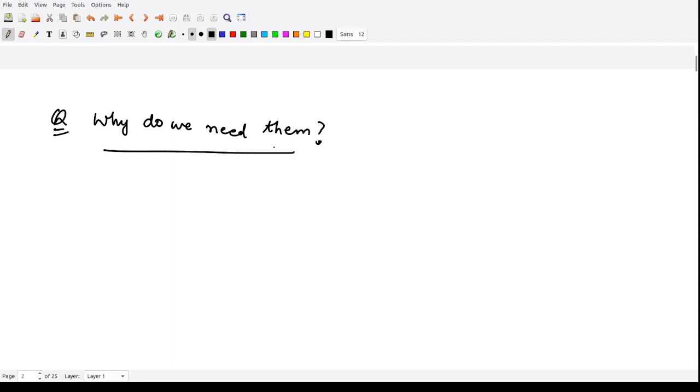It is because in many real life applications we actually do not talk about coins and dice and cards and so on, because we are not required to make decisions on them.